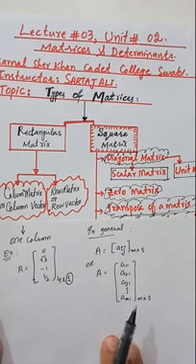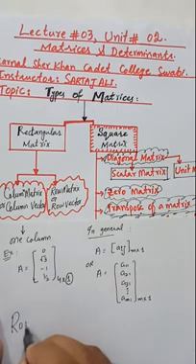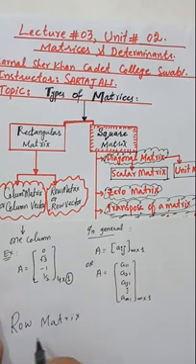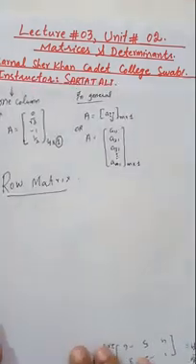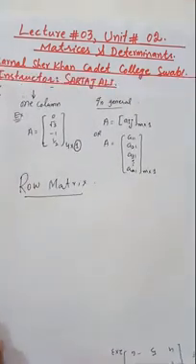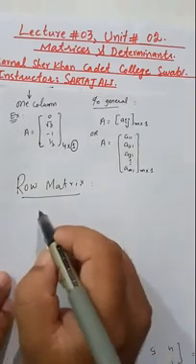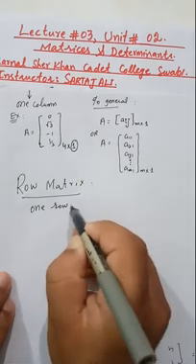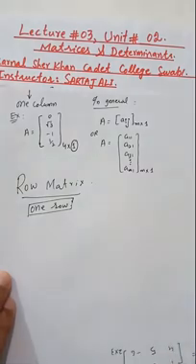Now the second type of rectangular matrix is the row matrix. A matrix containing only one row is called a row matrix.